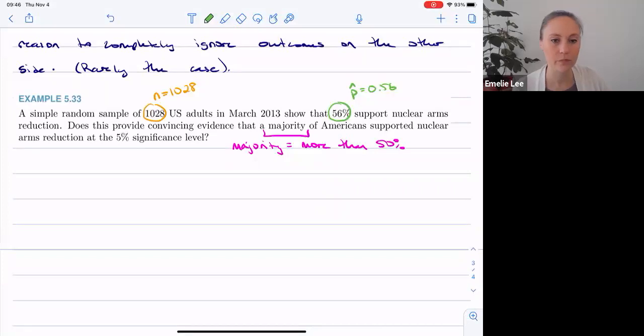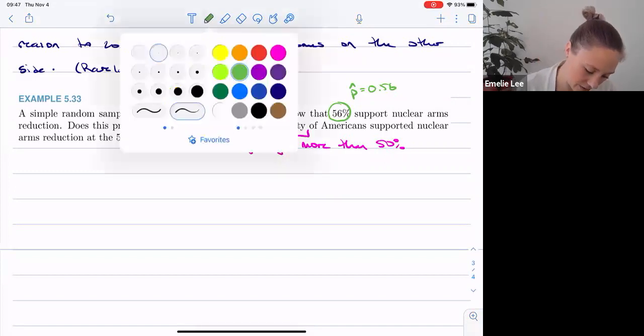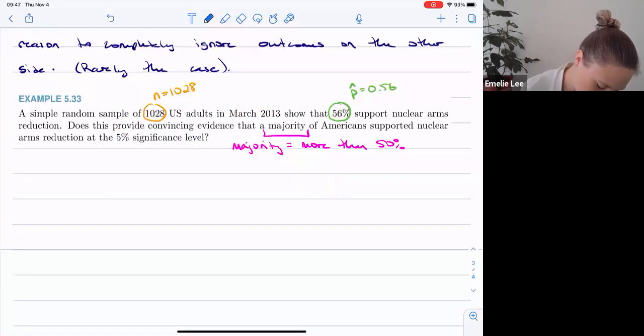My p naught is this 50%, right? Is 0.56 significantly larger than 0.5? And that's what we're trying to find out. And the alpha level here, alpha is 0.05.